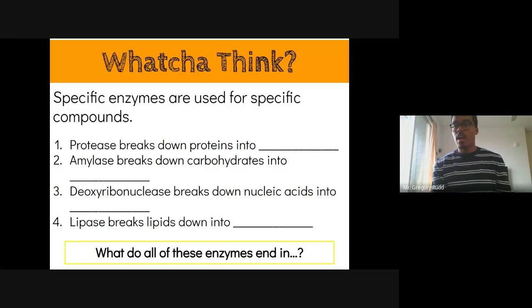If I break down a carbohydrate, what should it become? What's the monomer of a carbohydrate? Remember, we definitely should have that chart from last week's class written somewhere in our notes.